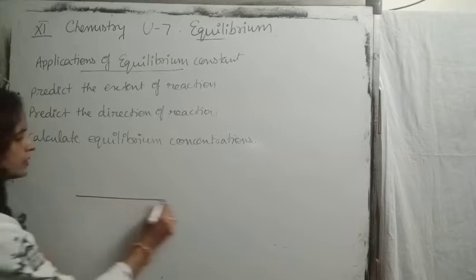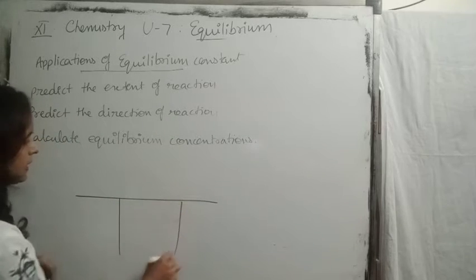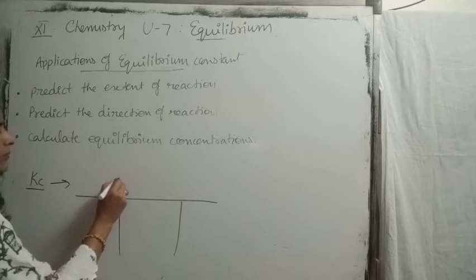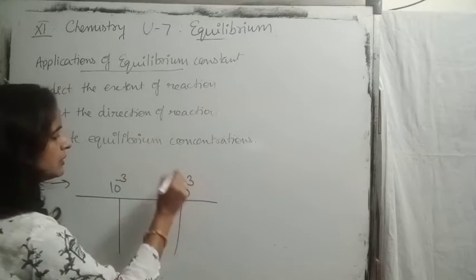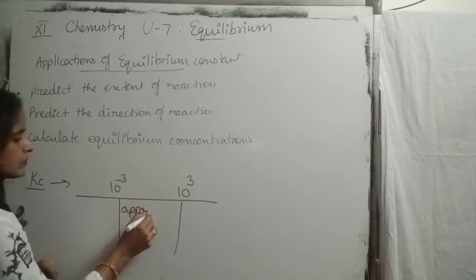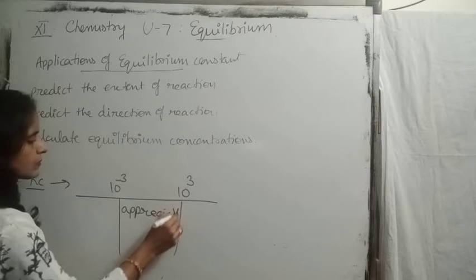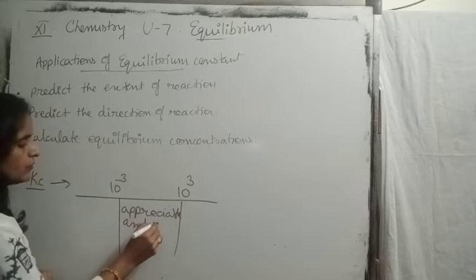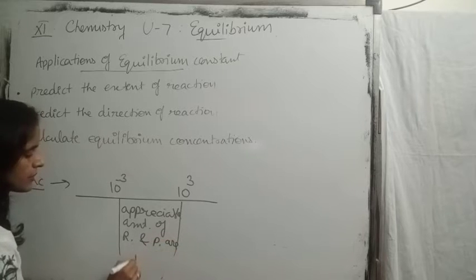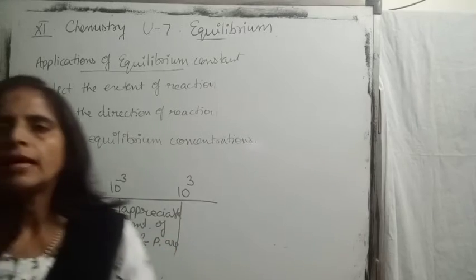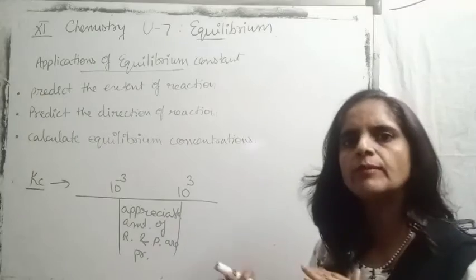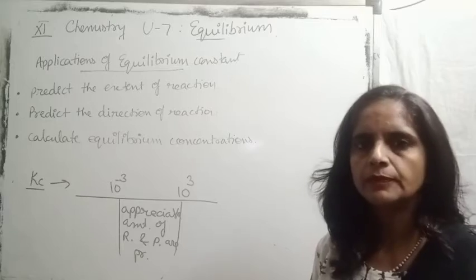If Kc is between 10 to the power minus 3 and 10 to the power 3, appreciable amounts of reactants and products are present at equilibrium, meaning almost the same amount of reactants and products.